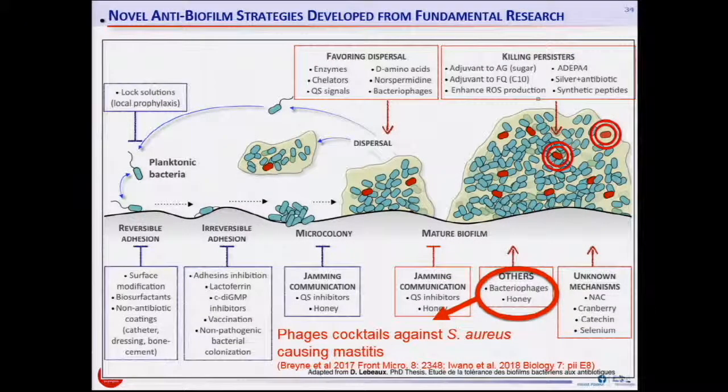Their activity was discovered in the early 20s by Félix d'Hérelle, and just after that antibiotics arrived and phage were eradicated as a strategy, except in Eastern European countries like Georgia, where they have been used for 70 years, daily, in human clinics, and they are very, very efficient.